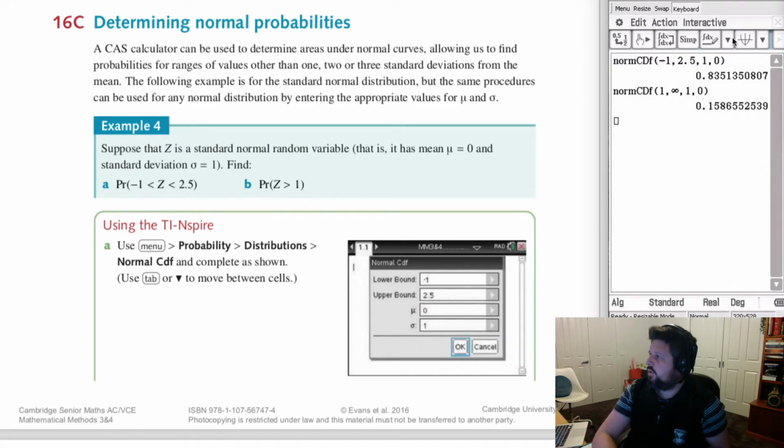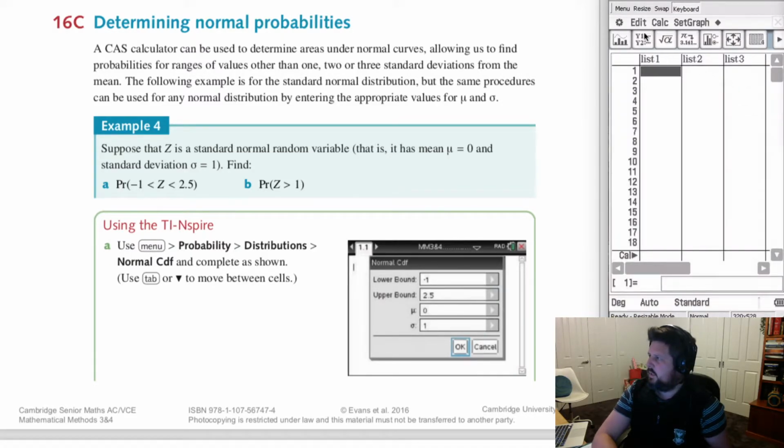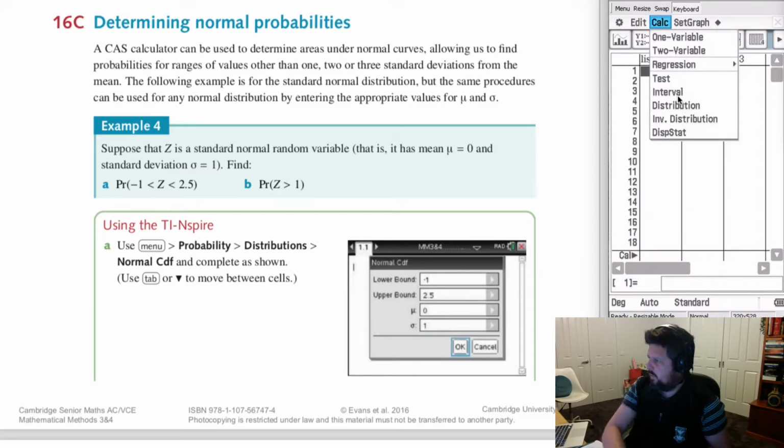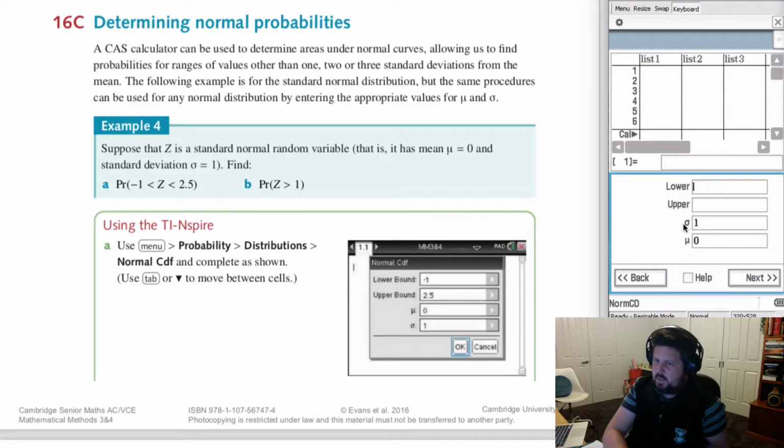The other way in which you can get this is in the statistics section. So back in the main menu we go statistics. We can go to calculate, then distribution. For this one we're going to go normal CD. Again, same sort of menu as the main section.